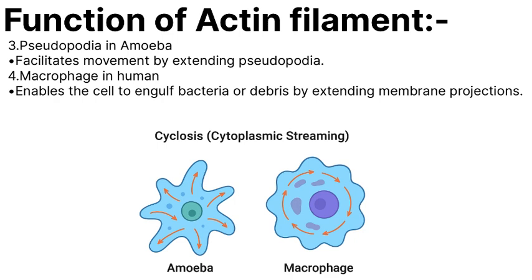And the same process of cytoplasmic streaming can be seen in macrophages in humans. Actually, macrophages are specialized WBC immune cells. It is similar to the amoeba. The macrophages also use the actin-driven cytoplasmic streaming process to extend parts of their membrane, and the cytoplasmic flow into these extensions helps the macrophage to move towards the infection sites and to engulf the pathogens and the dead cells.